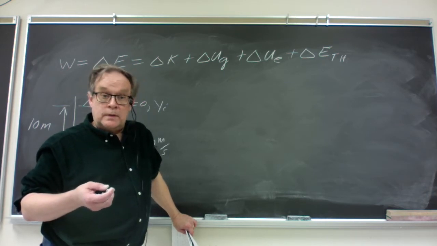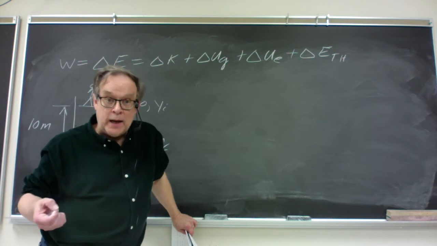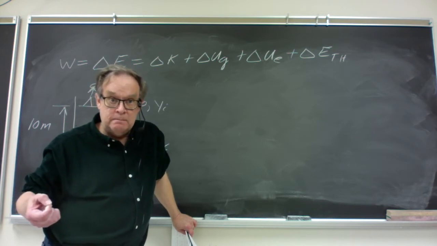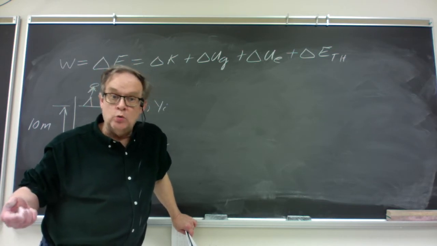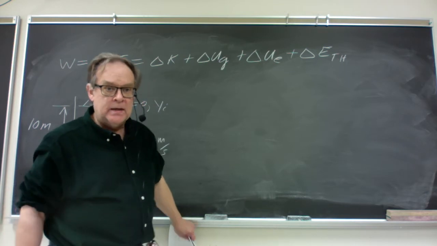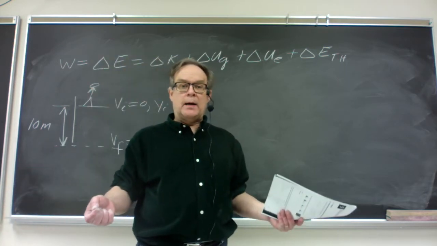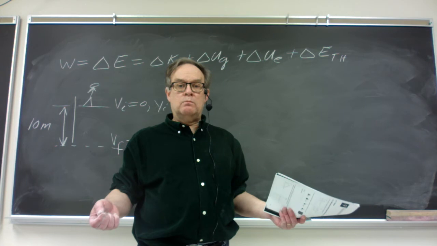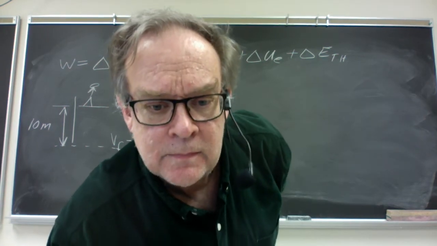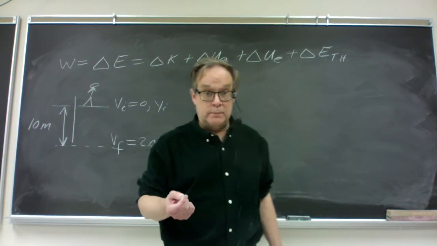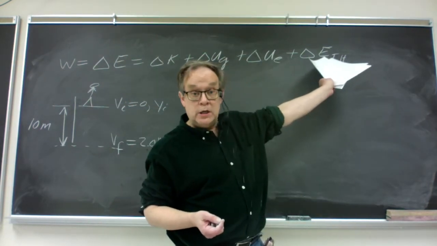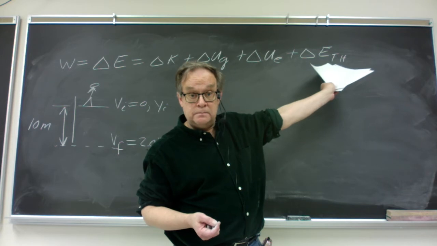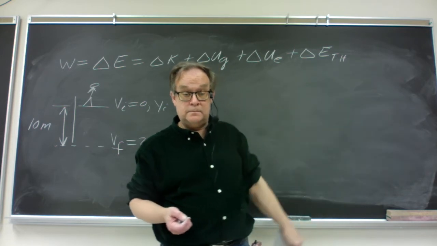So negative work means energy taken away from the thing that's having work done on it. Where does that energy go when it's taken away? Well, if it's taken away by work done by friction, it goes into thermal energy.